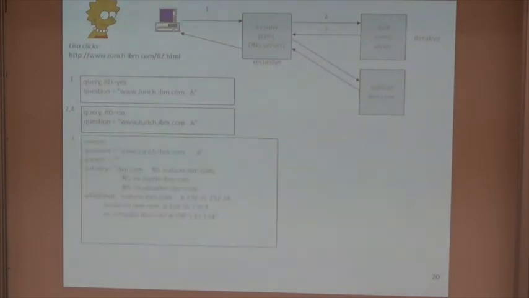So it will respond with a message saying, here, the question was this one. I don't have the answer, but I have some more information, and the information is the name server, so another record in the DNS, NS, stands for name server. Here are the informations about the name server of ibm.com. The two name servers are given by their name here. Of course, their name is not useful.